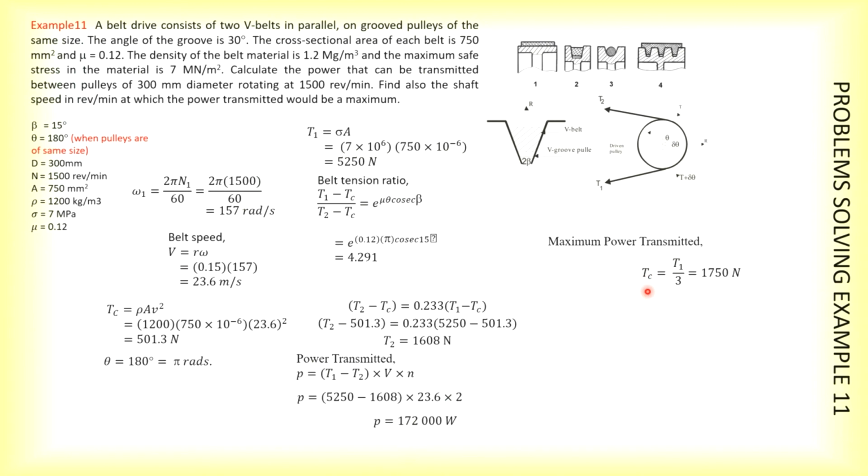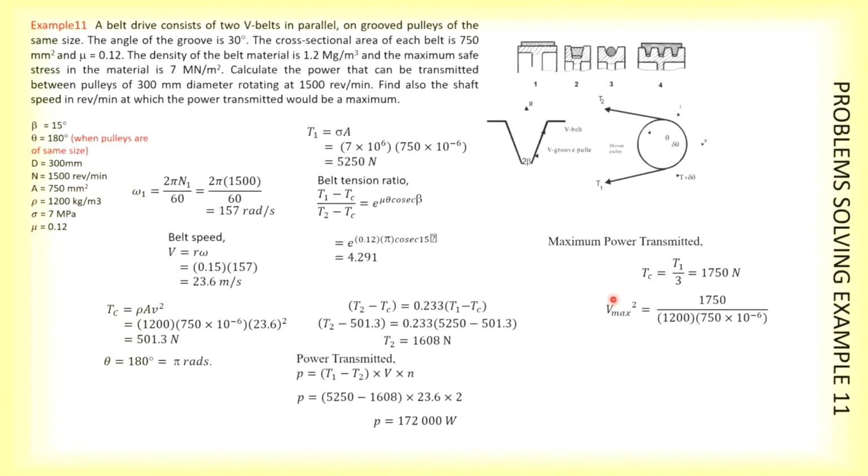When to consider the centripetal tension equal to T1 over 3: you cannot take this under normal conditions, only for maximum power you can consider TC as 1/3 of your tight side tension, which is 1750 Newtons.